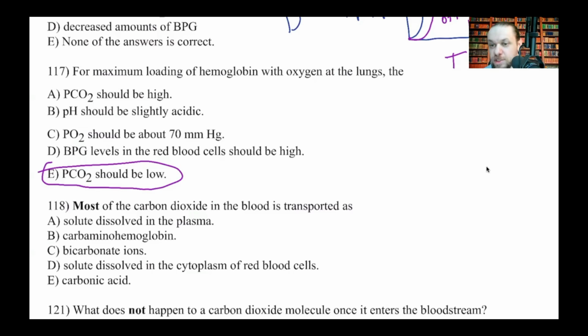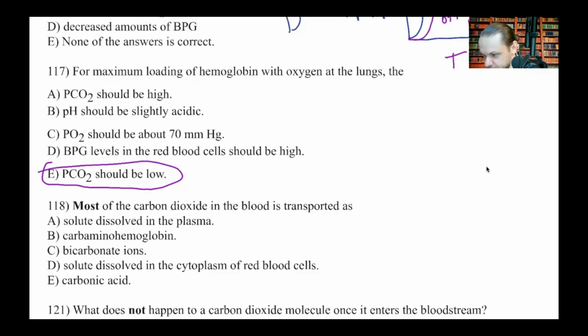If I get rid of that CO2, I switch from the tense state to the relaxed state, as more O2 is coming in. So the PCO2 should be low in the lungs. CO2 comes out, oxygen loads, and it goes from the tense to the relaxed state. And this is the Haldane effect.